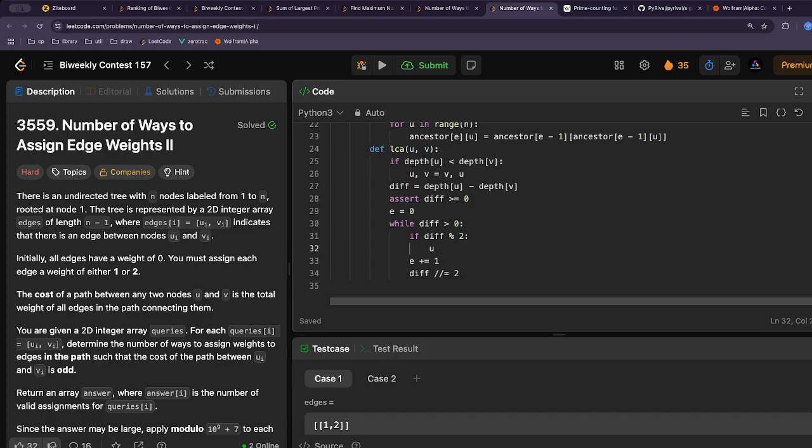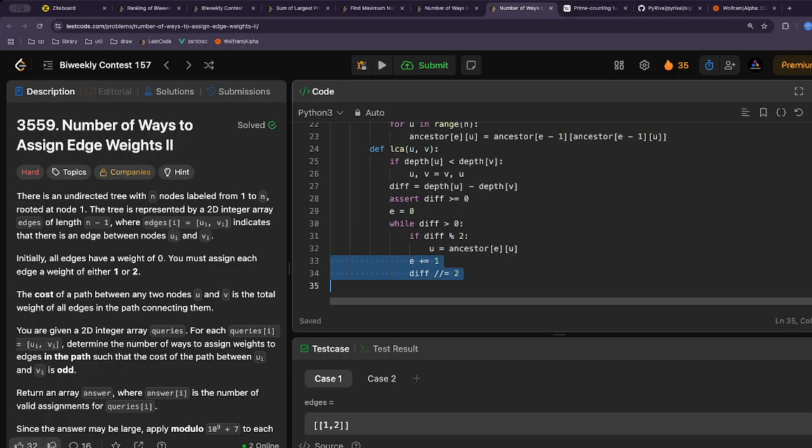And so we want to get the ancestor E, right? I guess there's another way of doing this. Well, I guess this is fine. You can use a for loop.